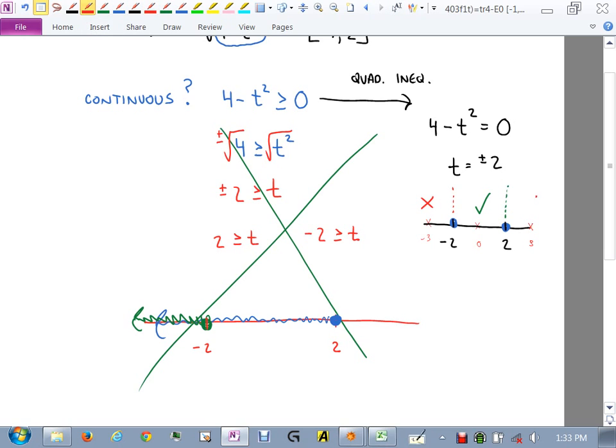No. That means the only stuff that works is the stuff between -2 and 2. So the domain of this function is everything between -2 and 2. As long as we're inside that, we're good to go.